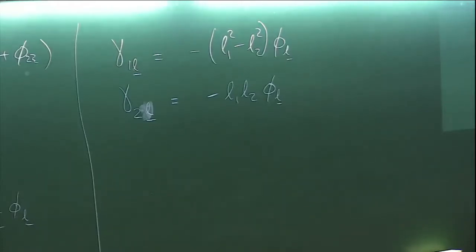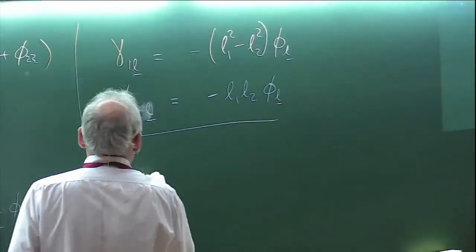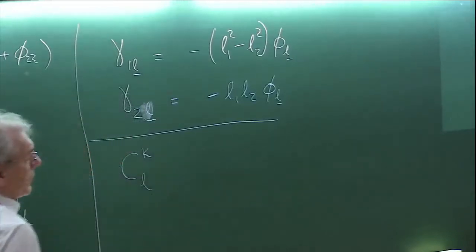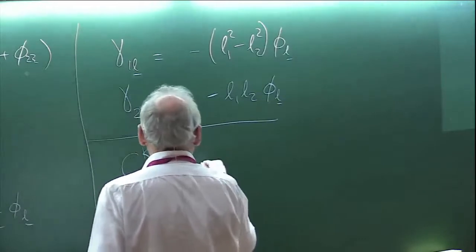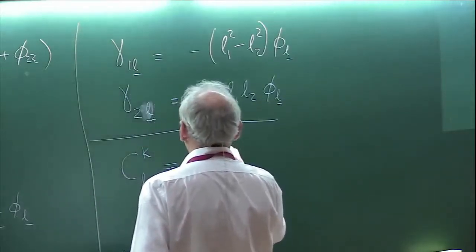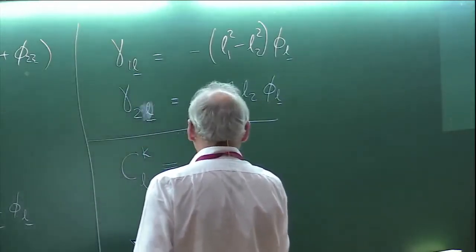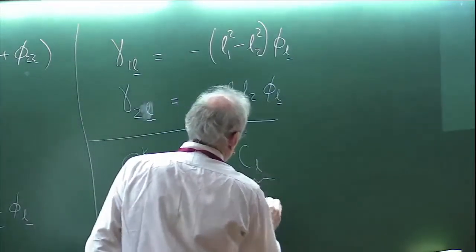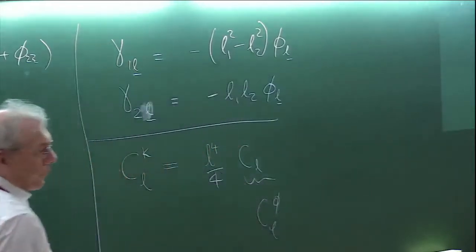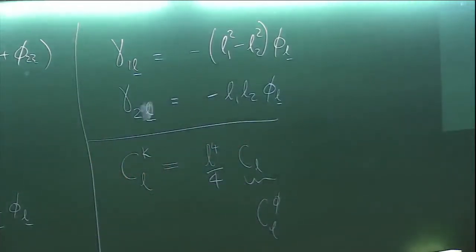Okay, so with these tricks we can work out what the power spectrum in kappa is. So if I suppress the ij superscripts because it basically applies to anything, it's clear from this relation that C_L kappa is L to the 4 over 4 times C_L phi, where this is the power spectrum of the lensing potential.